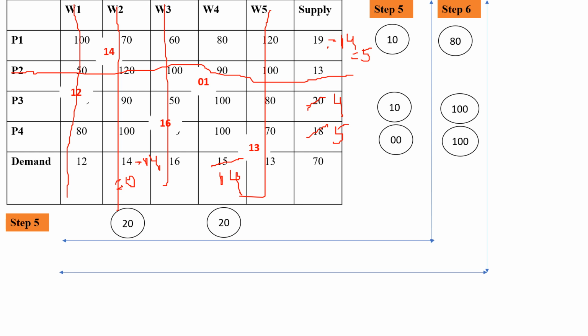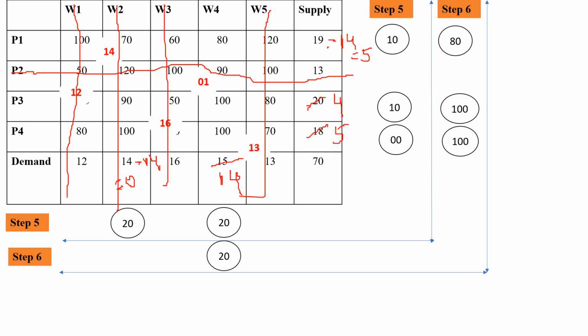For P1, every column has been deducted, only the W4 column is there, so 80 is the highest one. Similarly P3 100 is the highest one, P4 100 is the highest one, and you go for the column wise operation, only 20, that is 100 minus 80, 20 will be available. Then you see that there are 200 units.